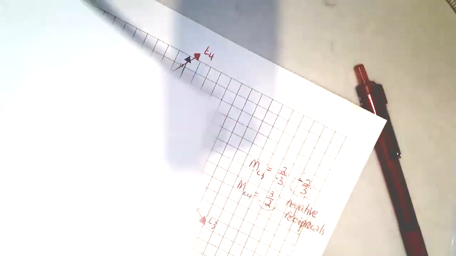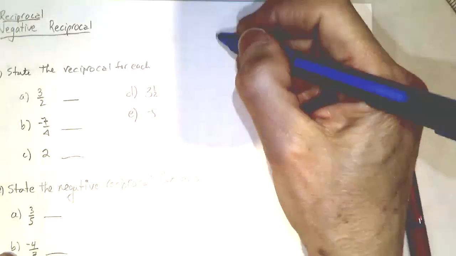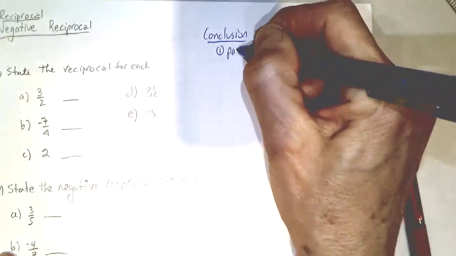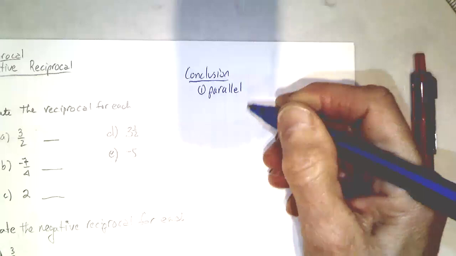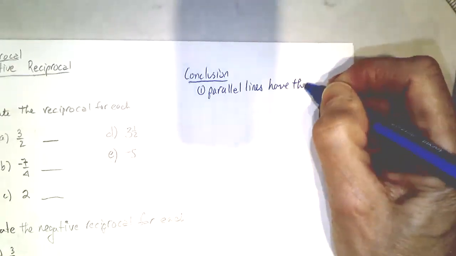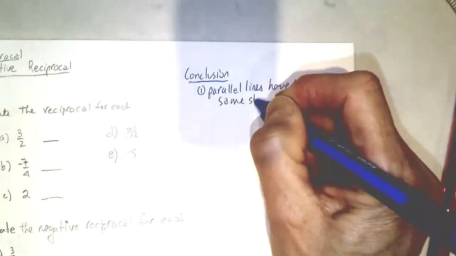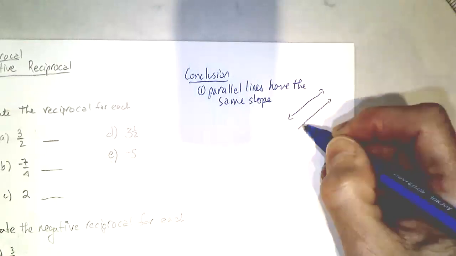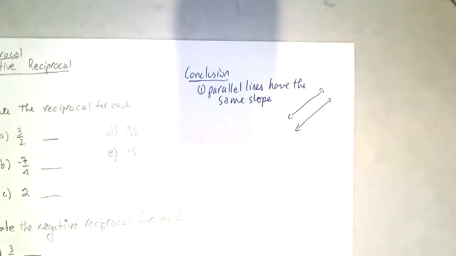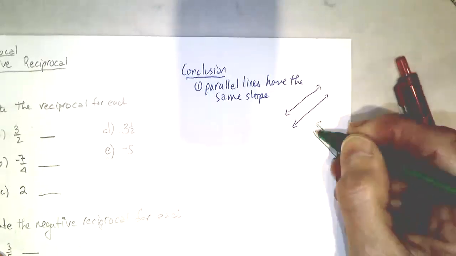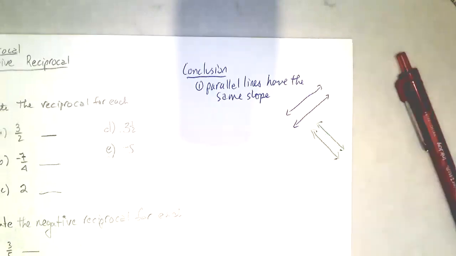We're going to state our conclusion, okay, over here. Our conclusion. Number one, if two lines are parallel, two different lines parallel, they have the same slope. They're totally different lines, but they rise with the same amount of steepness, or they could be going down and have negative slopes, but they would be parallel and their slopes would be the same.